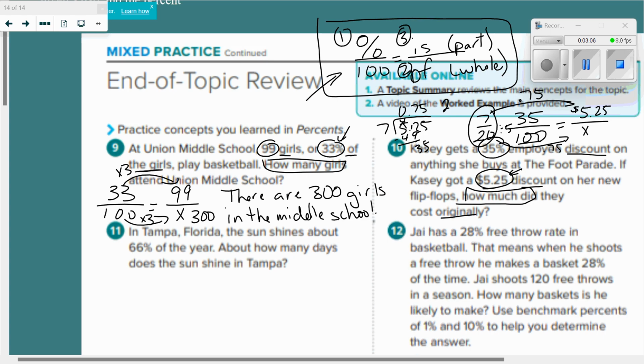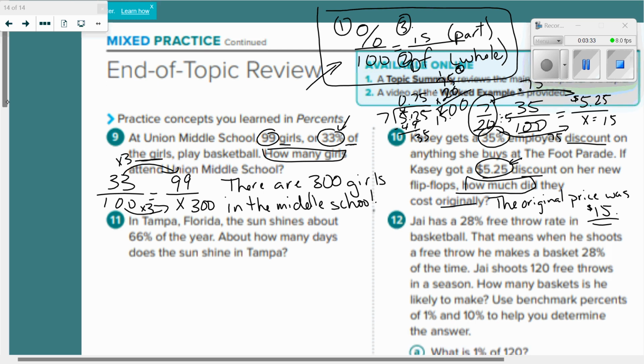So I take 20 times 0.75. We have 2 decimal places, which gives me 15. So my original cost is 15. So the original price was $15.